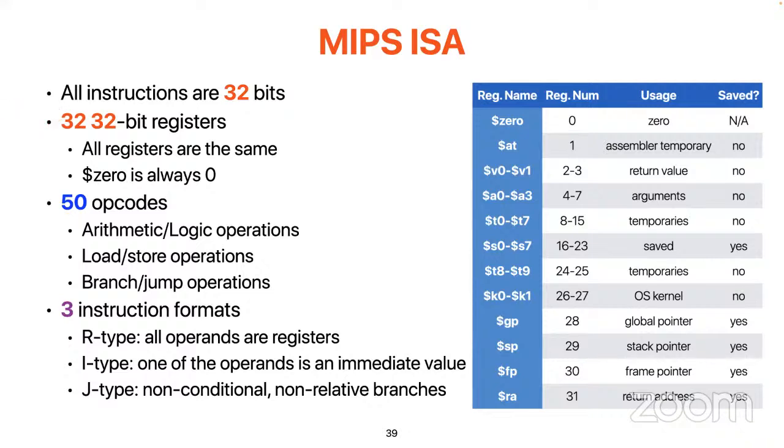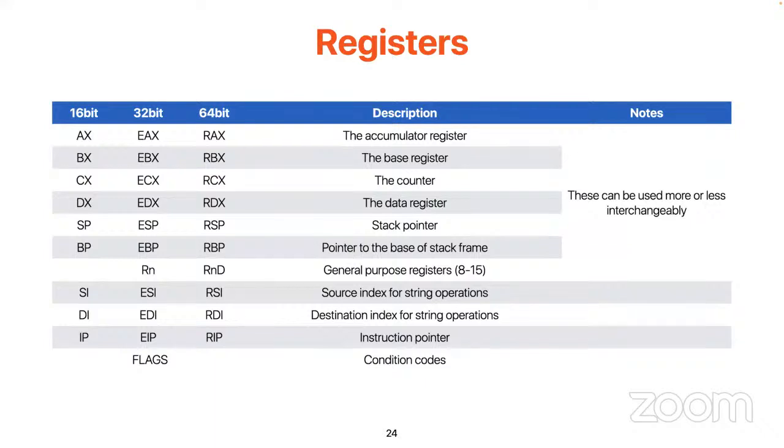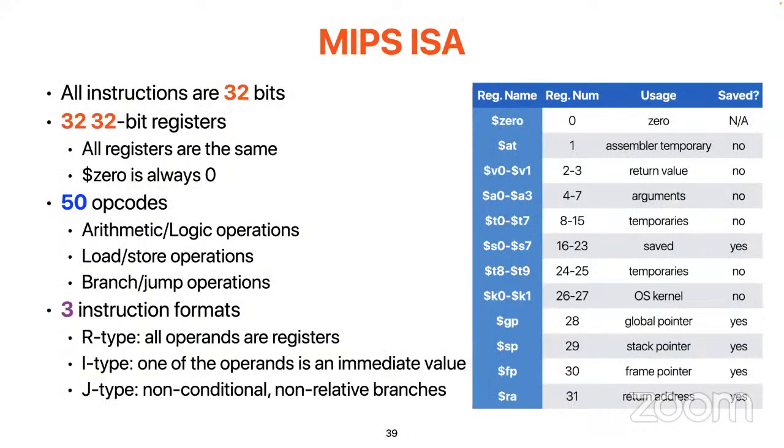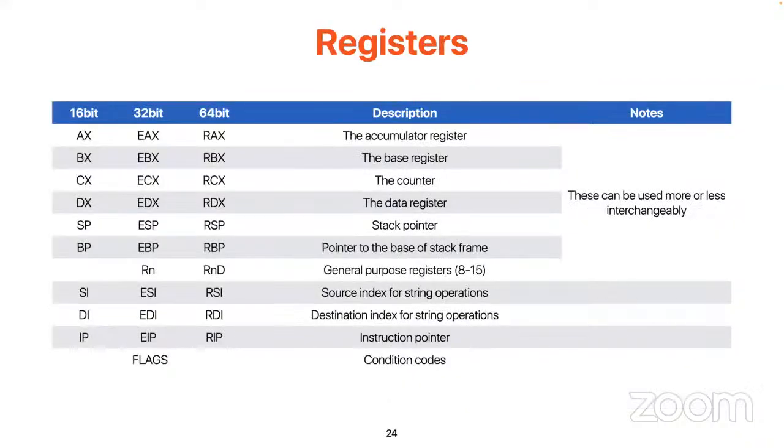Compare that against x86, which in general has only 16 registers. In MIPS, all registers are the same. However, x86 has a lot of limitations on what each register is used for.